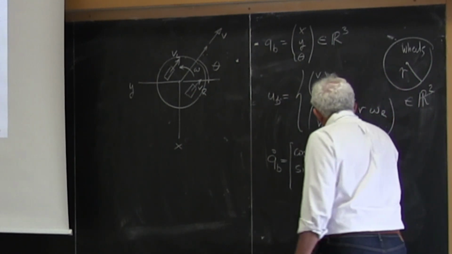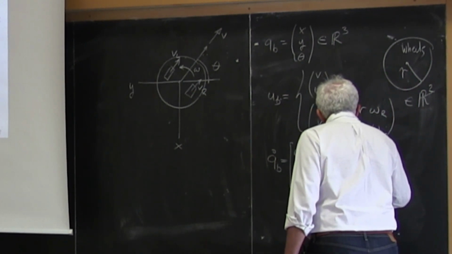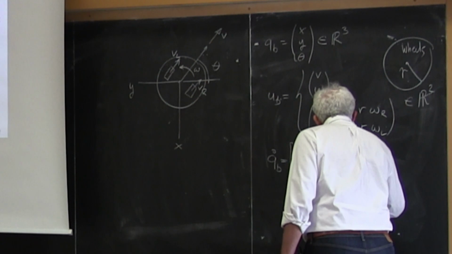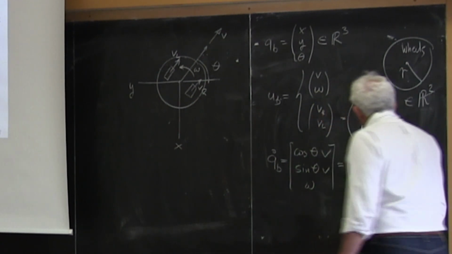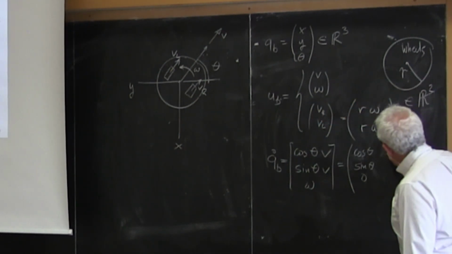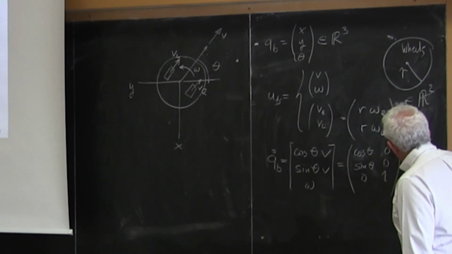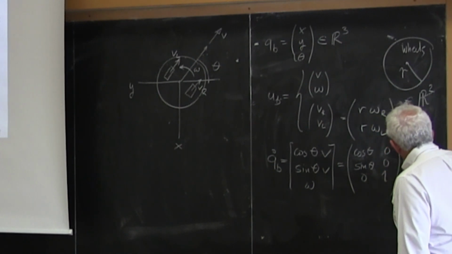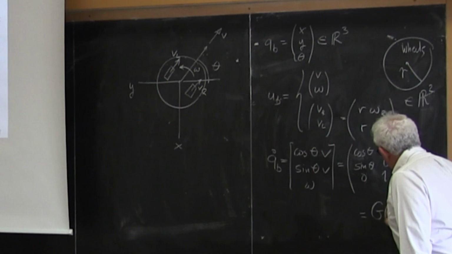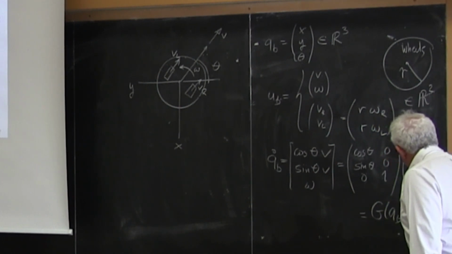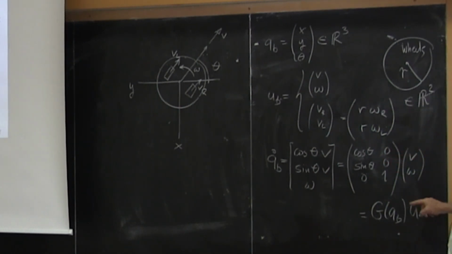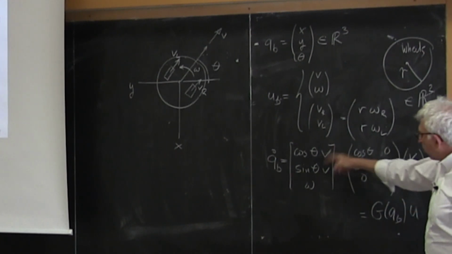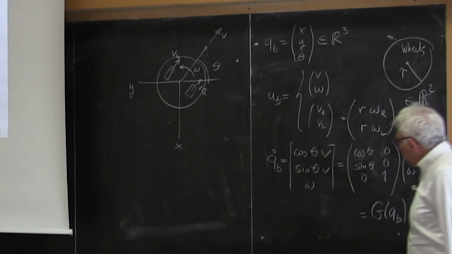So you can organize this in a matrix-vector format: cosine theta, sine theta, 0, 0, 0, 1, and then v, omega, and this is in fact G of qb times u. And you see that we have 2 commands for the motion of 3 coordinates.